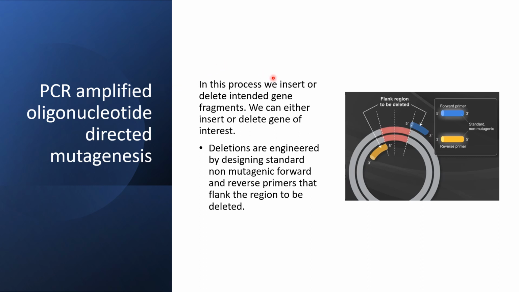Finally, PCR-amplified oligonucleotide-directed mutagenesis. In this process, we can either insert or delete a gene of interest using PCR. Deletions are engineered by designing standard non-mutagenic forward and reverse primers that flank the region to be deleted. So we place the forward primer here and the reverse primer here.